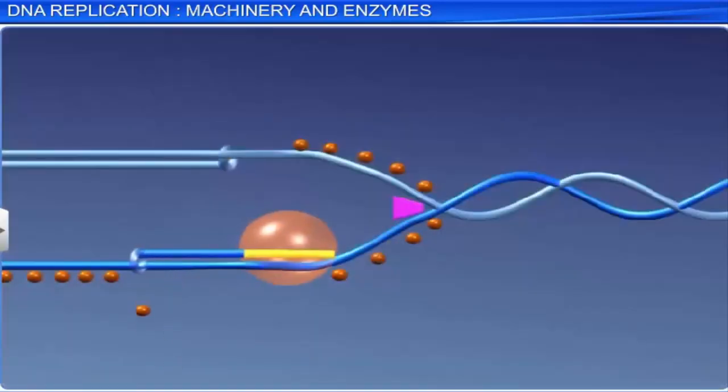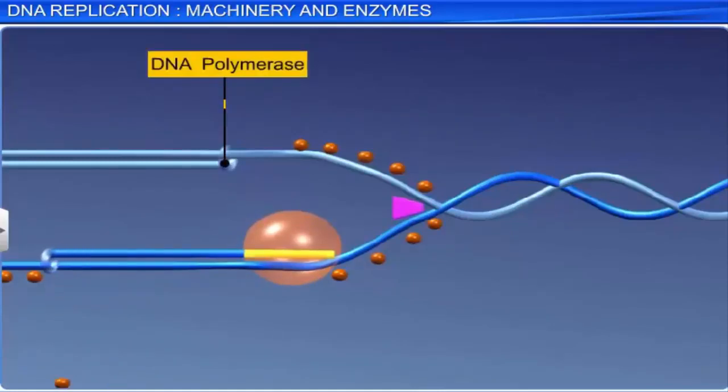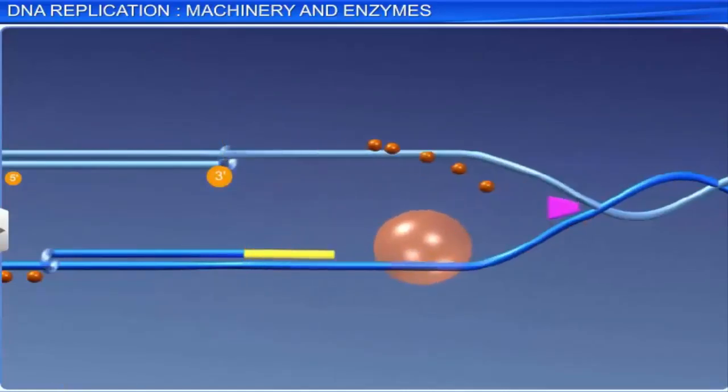However, there is a small catch. The DNA-dependent DNA polymerase enzyme can catalyze the replication reaction in only one direction, 5' to 3'. This causes additional complications.